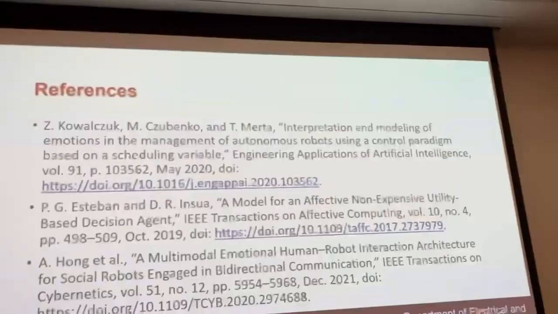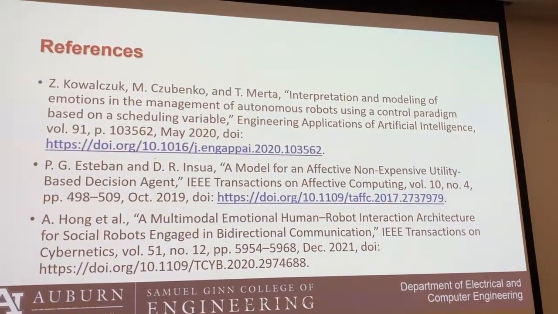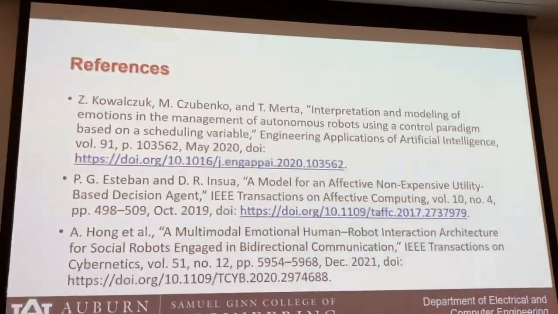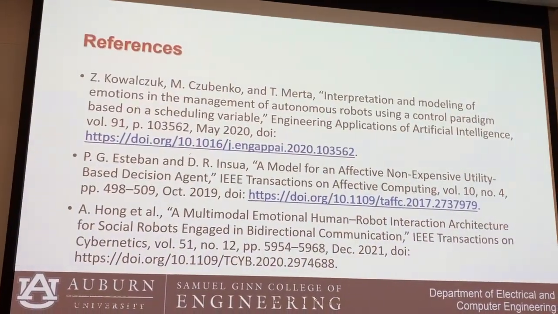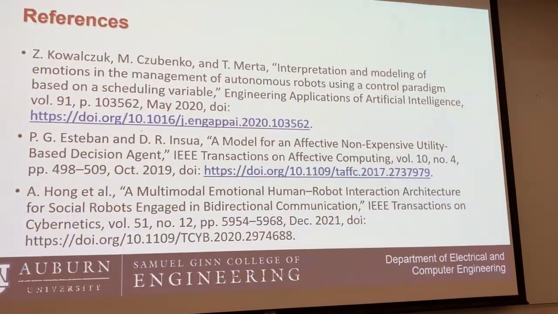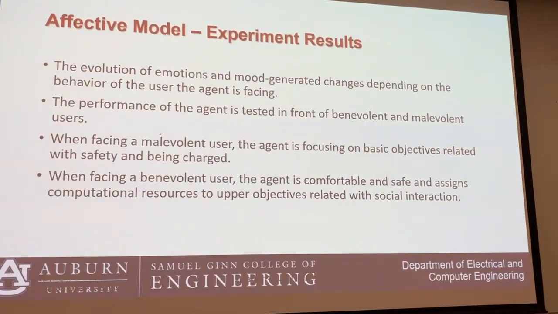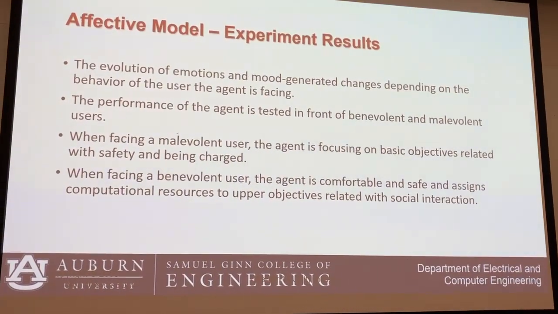I want everybody to have a chance to ask some questions, but there was something I was interested to know right away. I think in your second case, there was a discussion about malevolent and benevolent users. Yes.